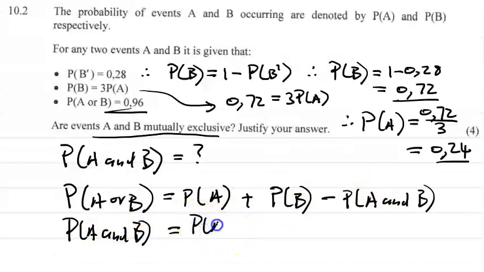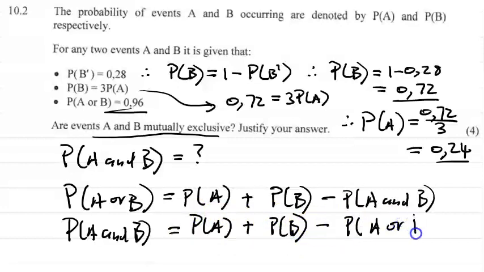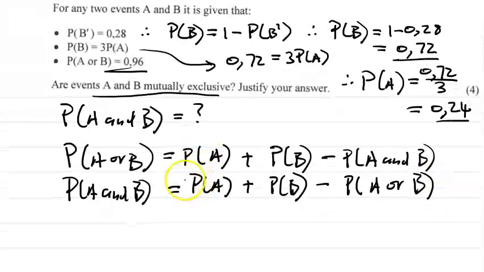So it will be P of A plus P of B minus P of A or B. So we're just making P of A and B the subject of our equation here.